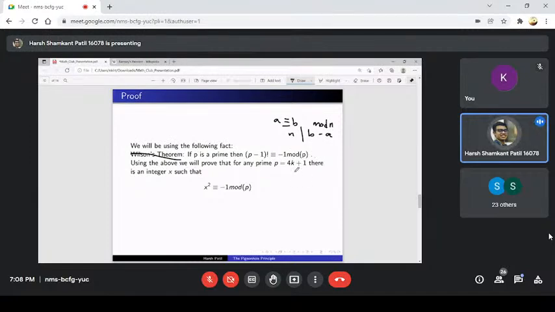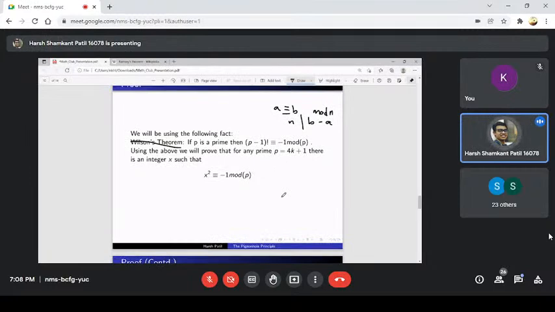But for large values of n, calculating this (n minus 1) factorial becomes computationally expensive. It's a very nice problem in computer science: how do you check whether a number is prime or not in an efficient way? But that can become a separate talk.